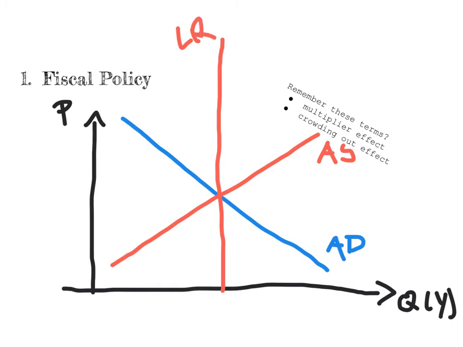We are talking about a recession, which we consider short term. So we're going to focus mainly on the short run aggregate supply and aggregate demand. Okay, here we go.